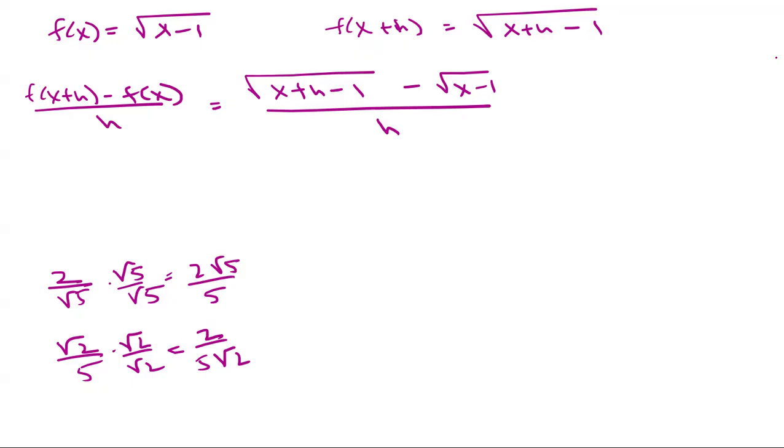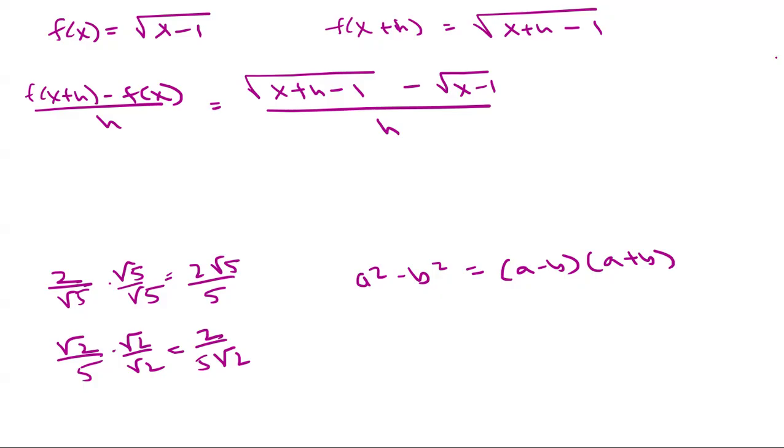But in this case, we're going to do something similar, and instead of calling it rationalizing, we're calling it multiplying by the conjugate. Remember, if you have a squared minus b squared, if you were to factor that out, that'll be a minus b and then a plus b. So if we multiply this out, it gives you a squared minus b squared.